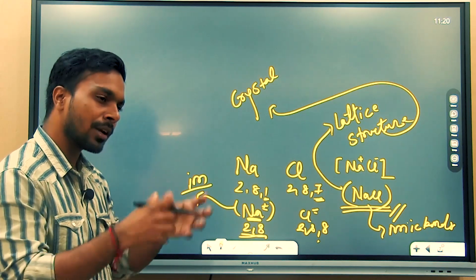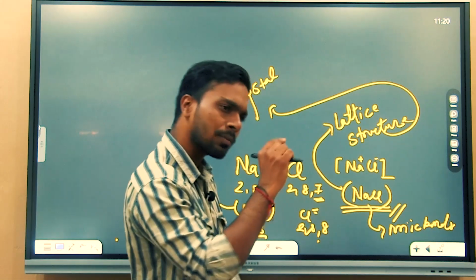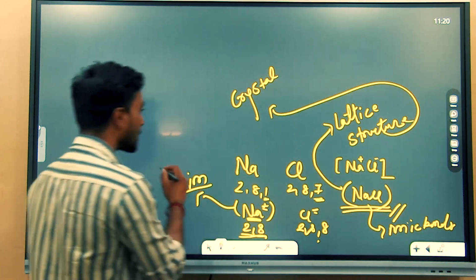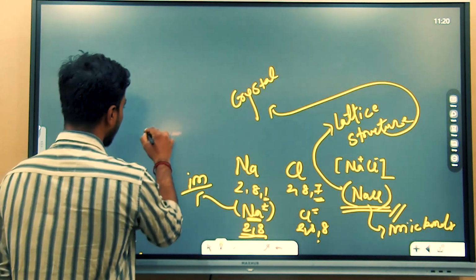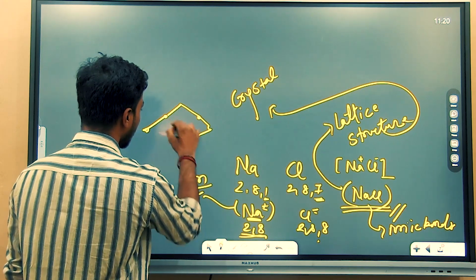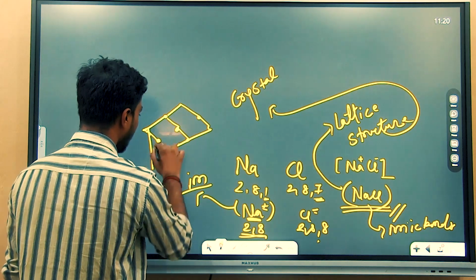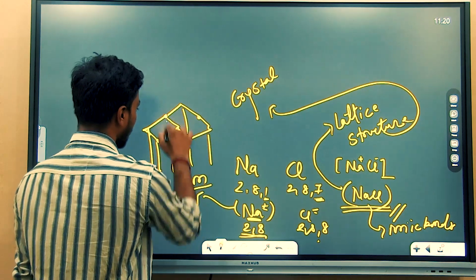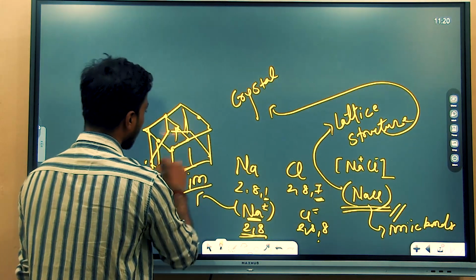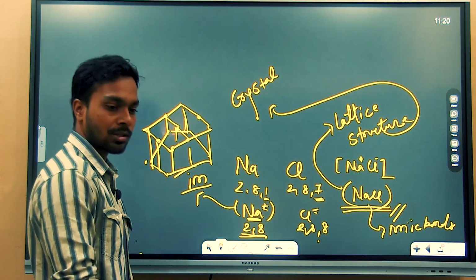If you break it down into its lattice structure, the very smallest part of the crystal, you will see a defined structure in a proper geometrical form, something like this. You'll get to know about the 3D structure, and they form a cube-like structure, something like that.